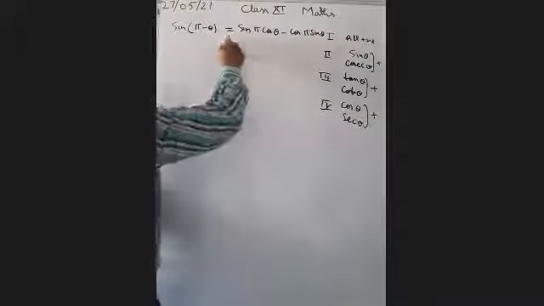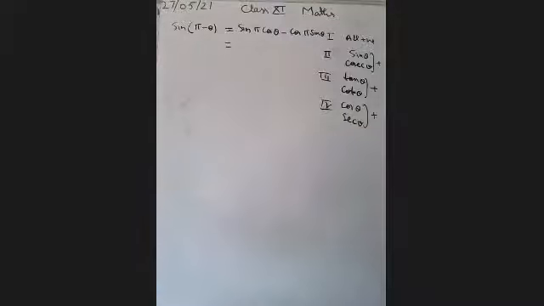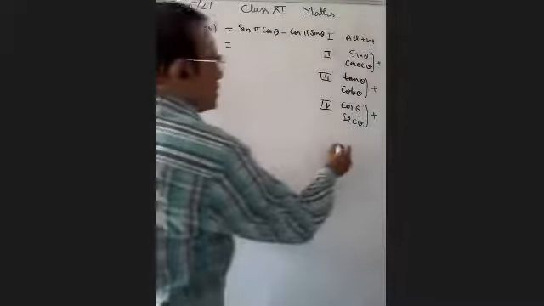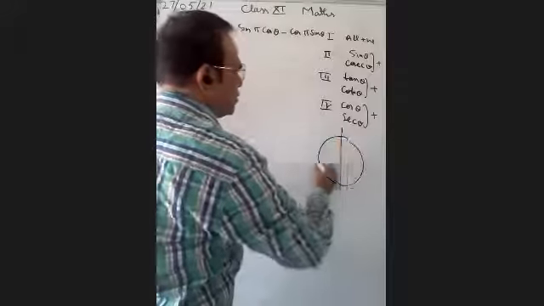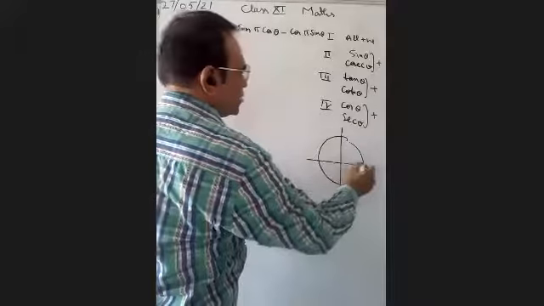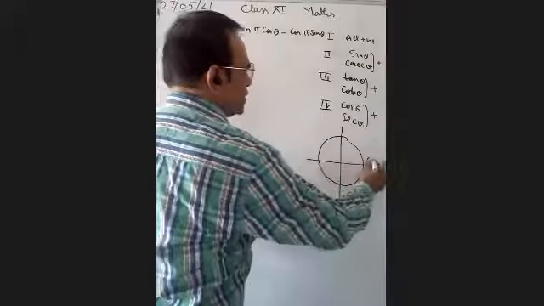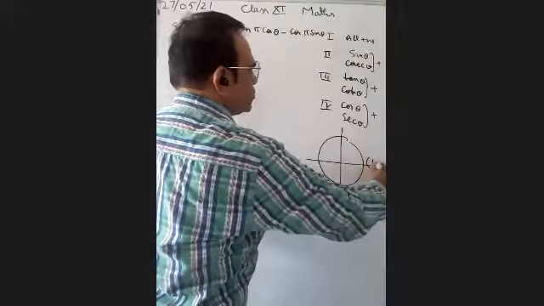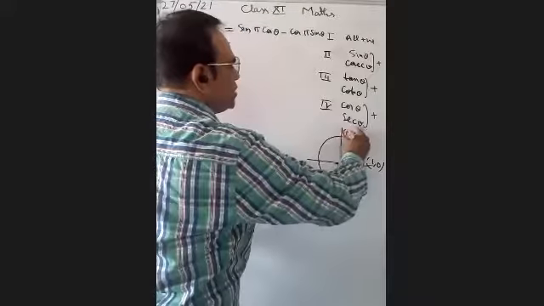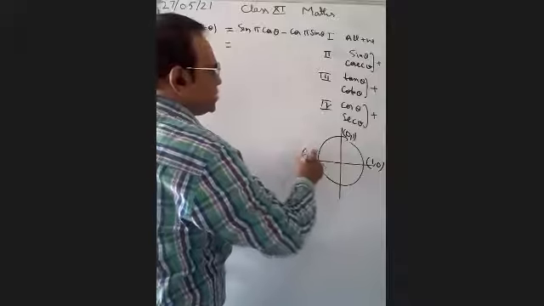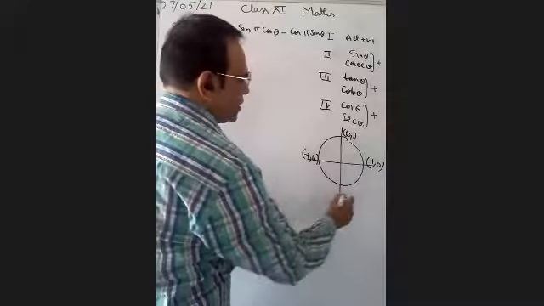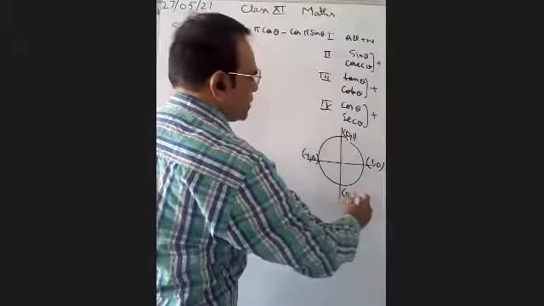ठीक है? Sin pi, the value of sin pi, just yesterday we have made the circle, है ना? You have remembered that we have made the circle, we put the coordinates. I told you this is angle 0, the coordinate of this angle is 1, 0, coordinate of this point is 0, 1, coordinate of this point is minus 1 comma 0, coordinate of this point is equal to 0 comma minus 1.